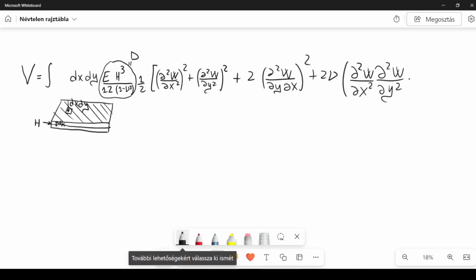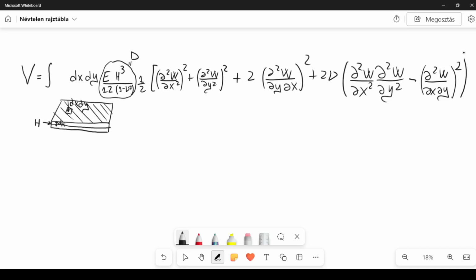I have minus (d squared w dx dy) squared. We close this bracket, and then we also close the square bracket like this.